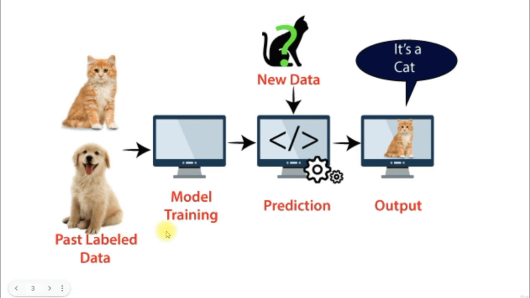So all this 80% of the data will be given to the model for training. Now this new data point will be a non-labeled data point. Once the model is trained, it will be given to this model, and finally based on the patterns that it has extracted from the training data, the model will predict that this new data point is a cat. So this is how SVM works, just like any other supervised machine learning algorithm.